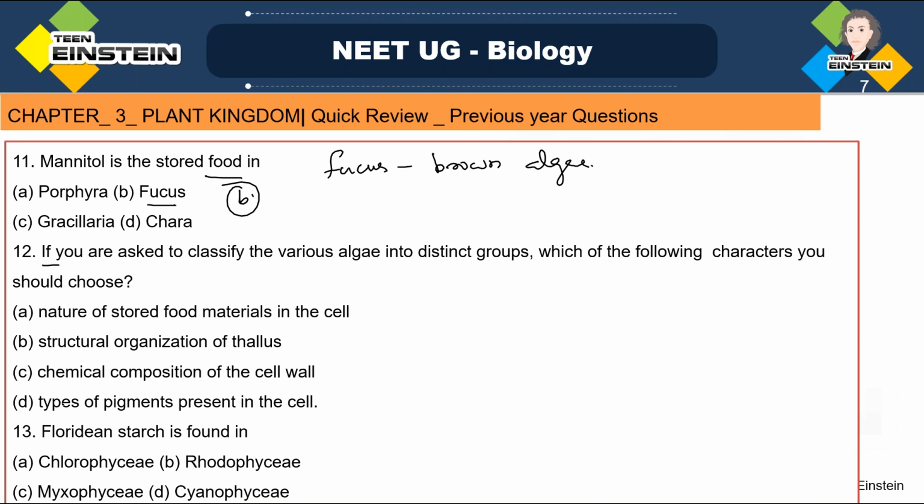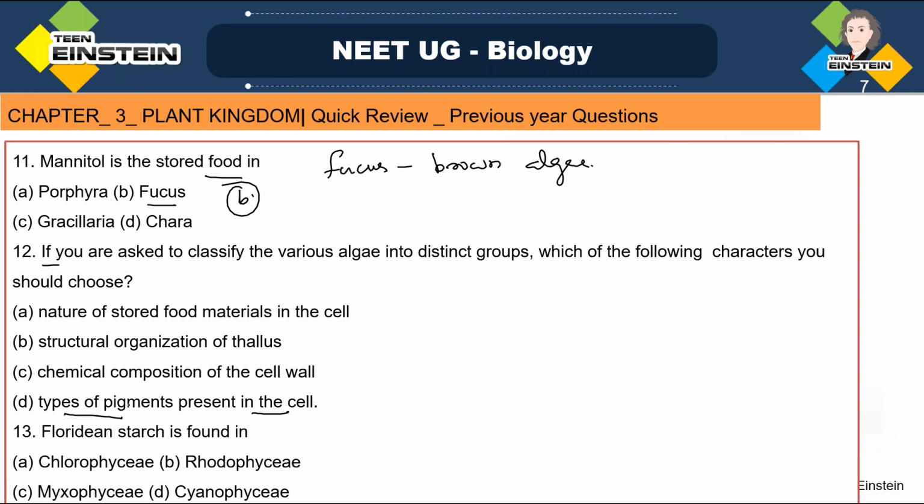Based on the types of pigments present in the cell, we make the classifications. For example, Rhodophyceae shows the presence of phycoerythrin, and so on, classifying based on the pigments present in the cell. So which is the answer?